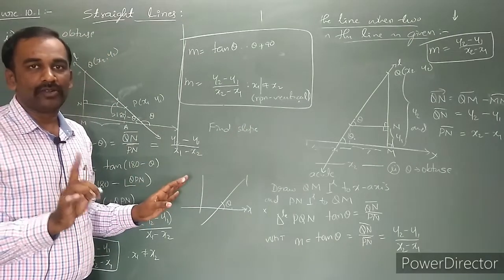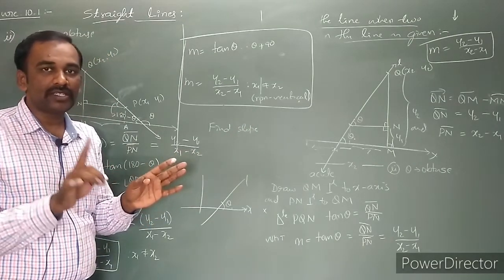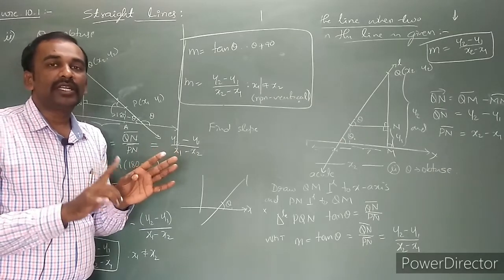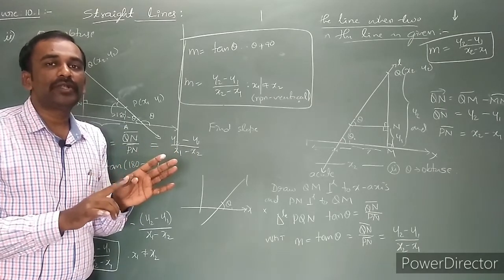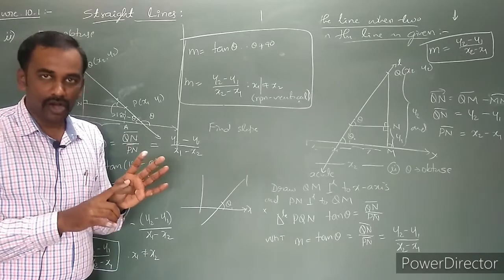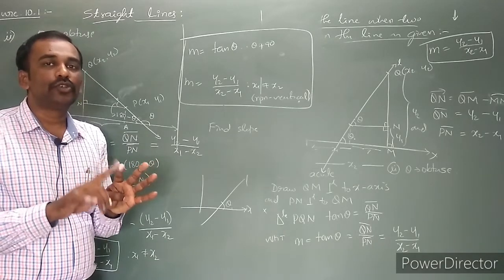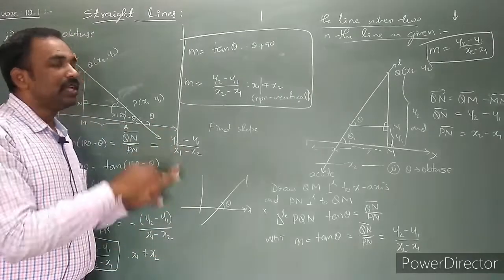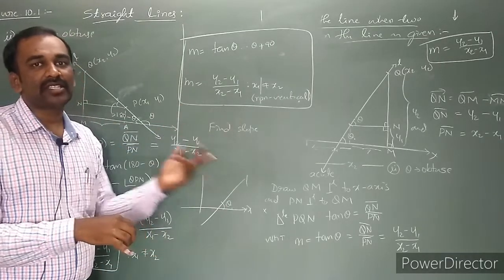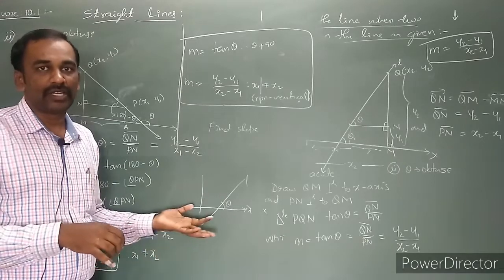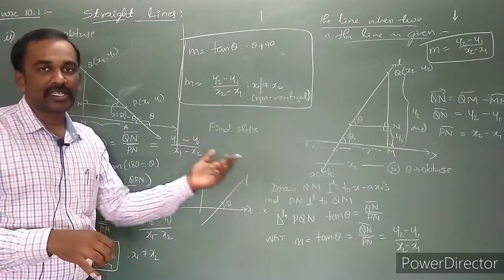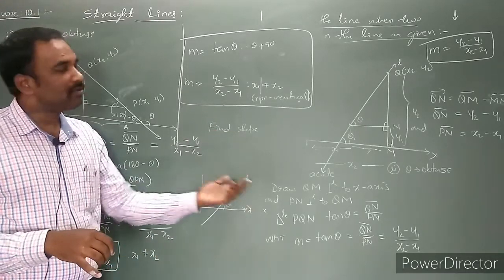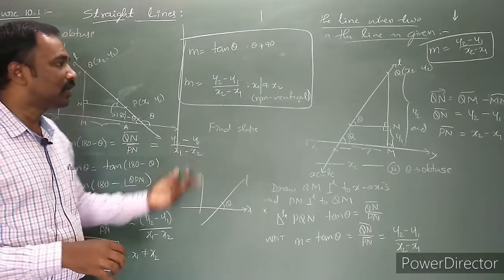You just observe only two things: whether they gave an angle between the line and the x-axis, or whether they gave two points on the line. If they did not give it directly, how to extract one of these from the given data? You need to observe. While discussing the exercise problems, I will tell you, nothing to worry.